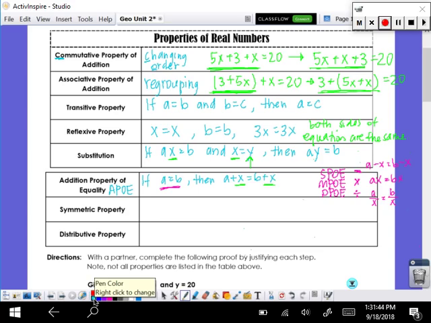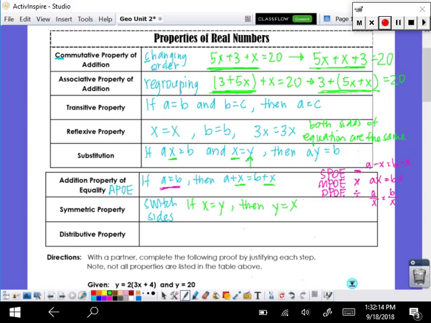Two more, and then we'll look at an actual proof. We've got the symmetric property. The symmetric property is when you switch the sides of your equation. This is different than the commutative property, okay, and we'll see why. So our symmetric property basically is just going to say if x equals y, then y equals x.